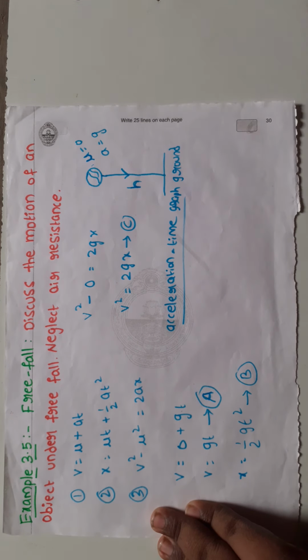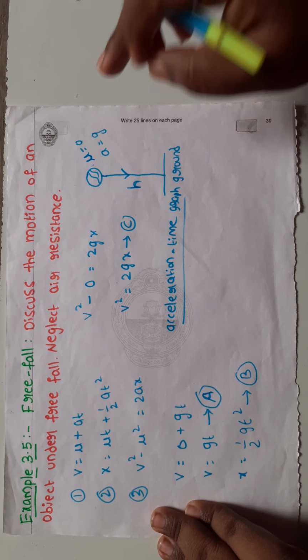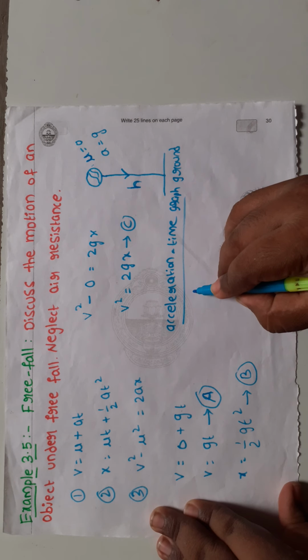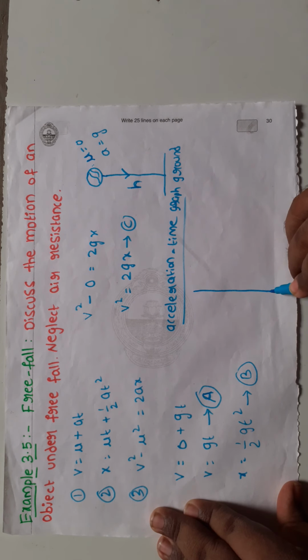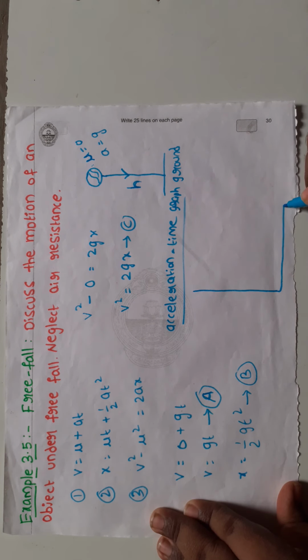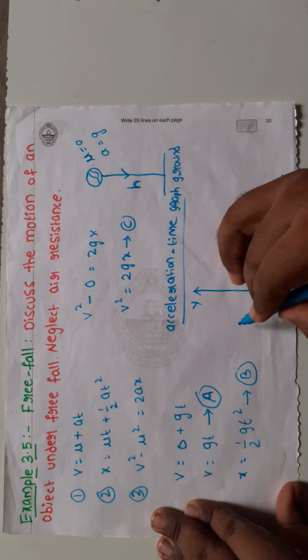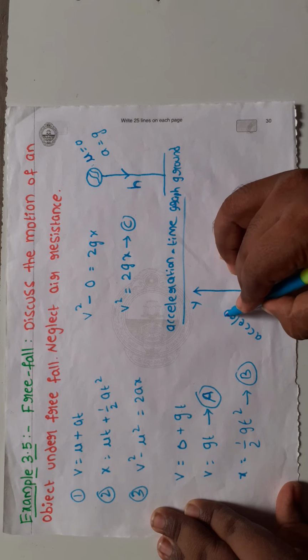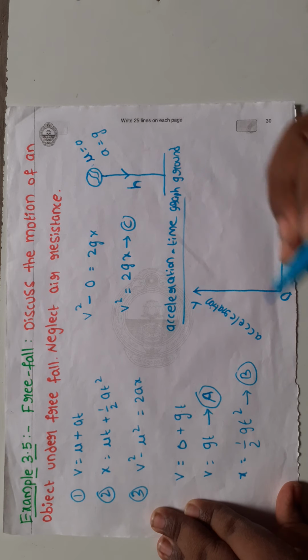So time increases but the acceleration due to gravity is constant. So the graph: x axis, y axis, origin. Along the x axis I am taking the time, and along the y axis I am taking the acceleration a value.